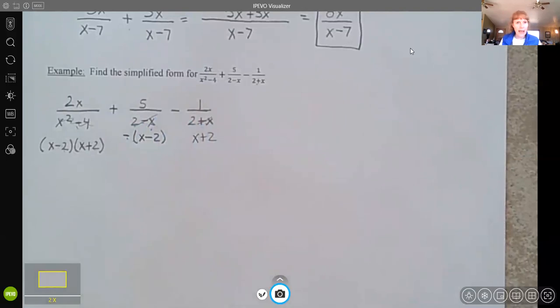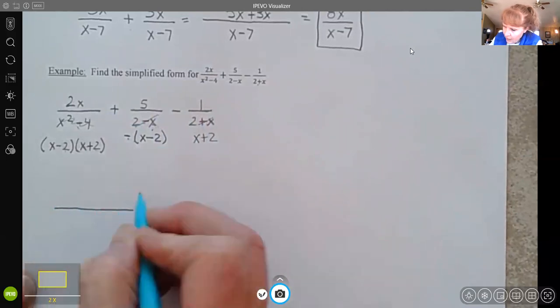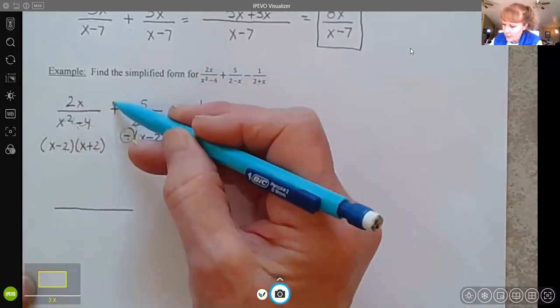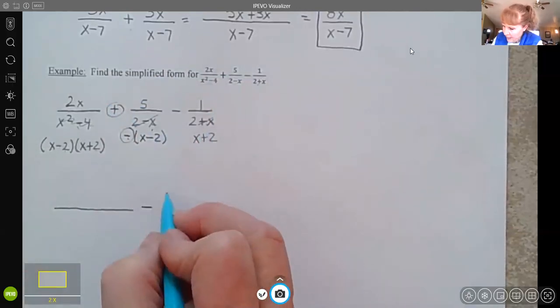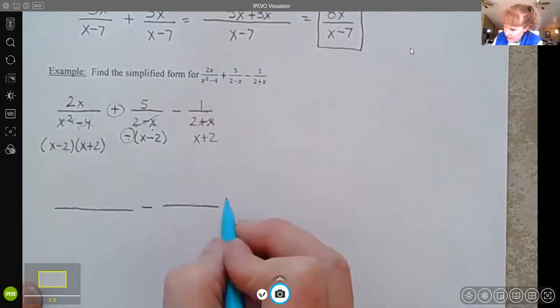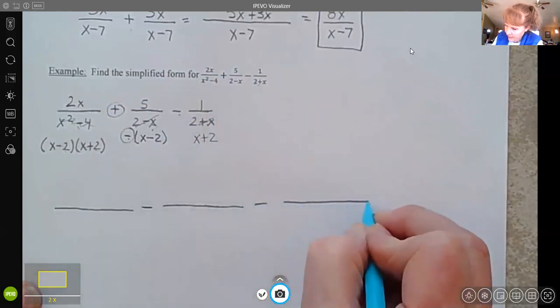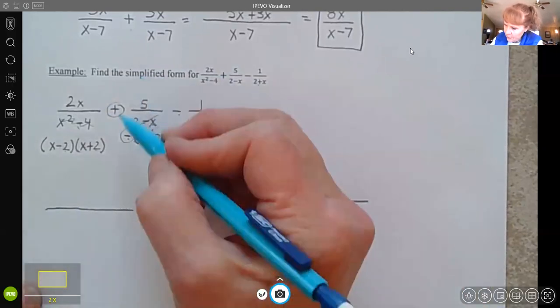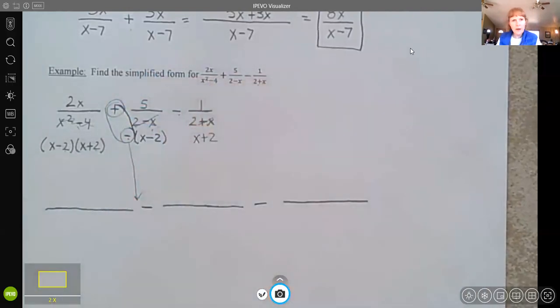Okay, let's look at our least common denominator now. Now here, this right here and this right here, this is going to become a subtraction. For our least common denominator, that one's going to stay minus. And if you do take these and make it the subtraction right there, you don't have to, but you can, then you can just ignore it when you're trying to find the least common denominator.